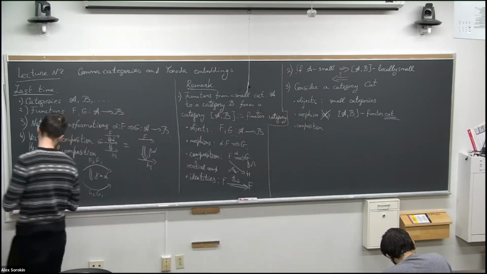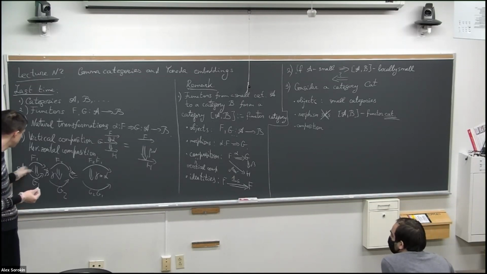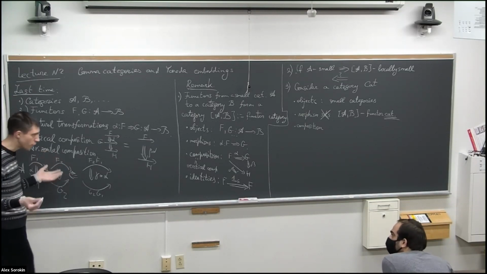What will be the composition? So suppose you have a functor from A to B, and a functor from B to C. We compose functors.